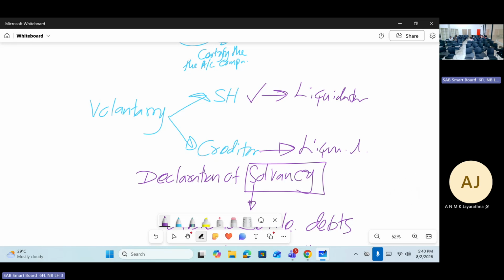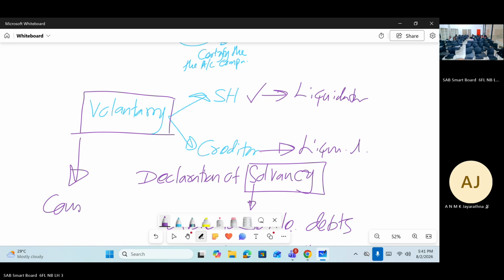Then we have already discussed winding up subject to supervision of the court. That is, the company has decided to liquidate voluntarily, and a creditor or shareholder can make an application to court to liquidate the company voluntarily, but subject to supervision of the court.